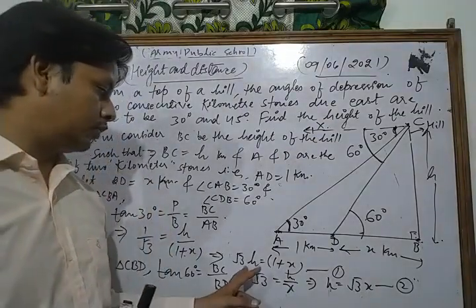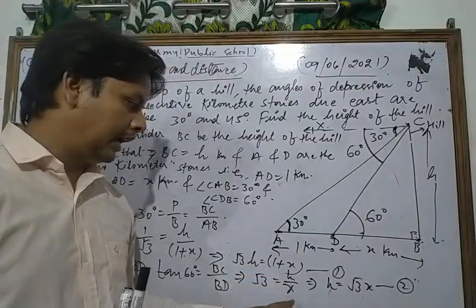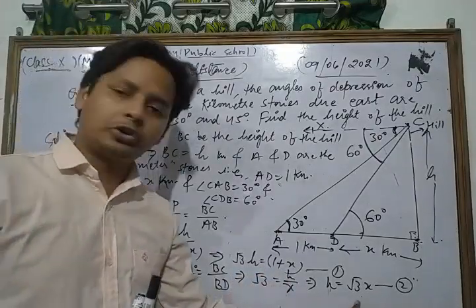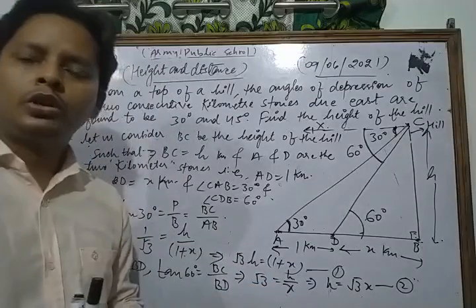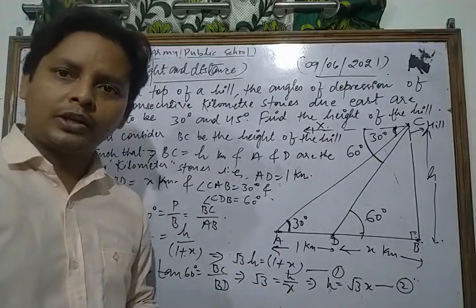So we have under root 3 into h is equal to 1 plus x, and the second one, h is equal to under root 3 into x.